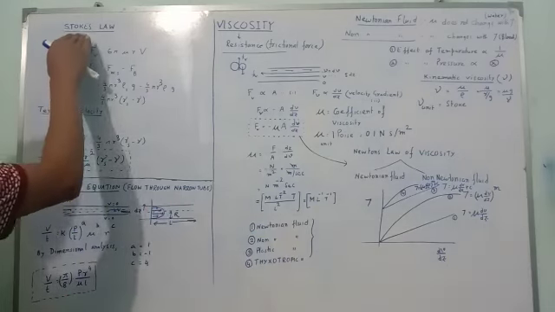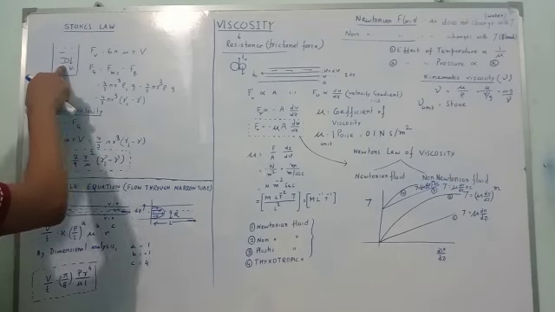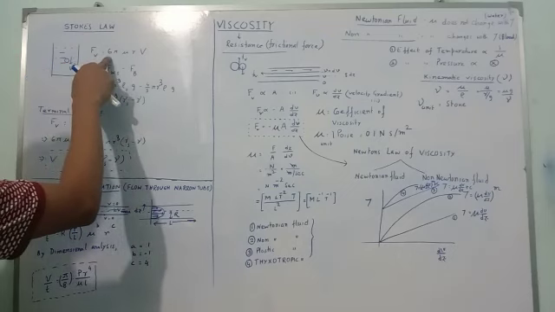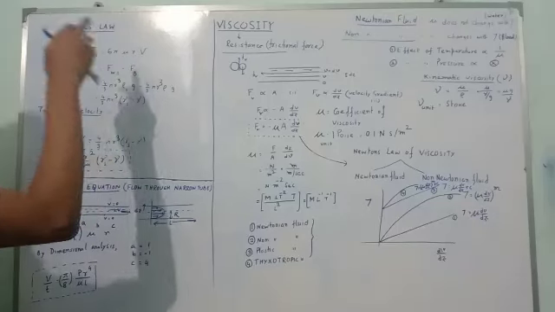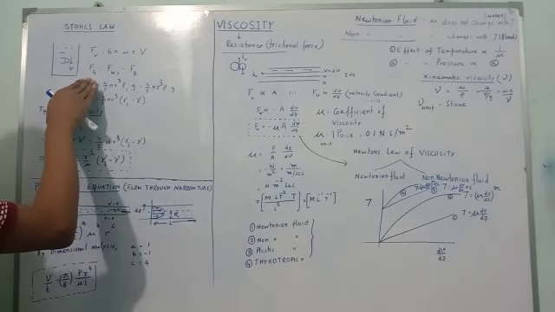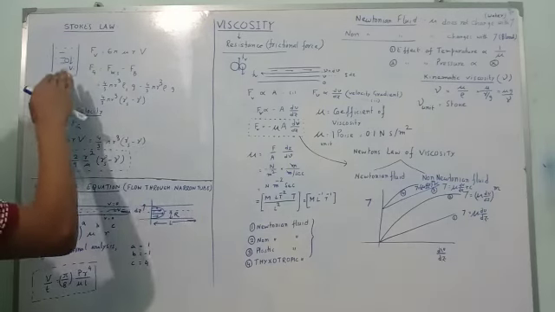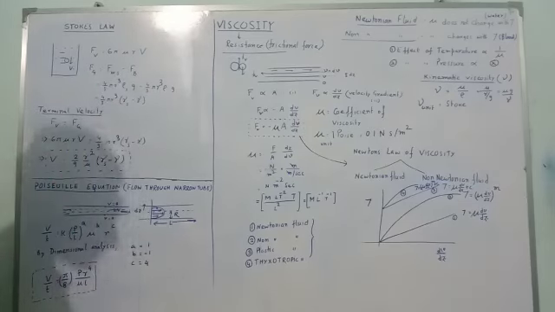Now, according to Stokes, the viscous force that acts on the spherical ball is given by 6 pi mu r v, where v is the terminal velocity of the spherical ball. The gravitational force acting on the ball is the weight of the ball minus the buoyancy force.